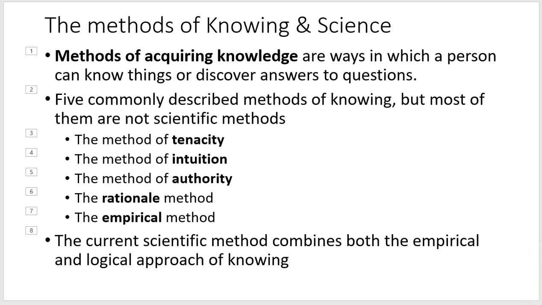But all these methods which have been used or are being used are not necessarily scientific in nature. So generally, when we teach this topic, we discuss the 5 commonly used methods: the method of tenacity, intuition, authority, the rational method, and the empirical method.